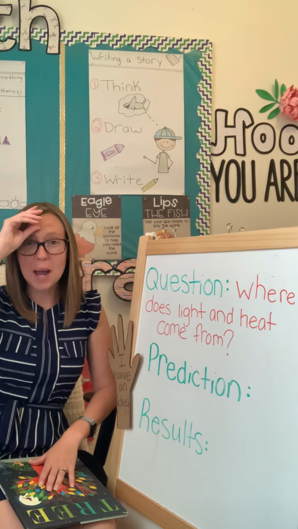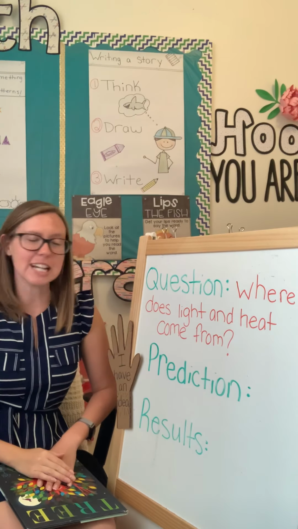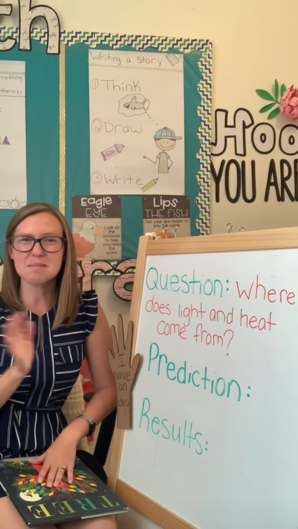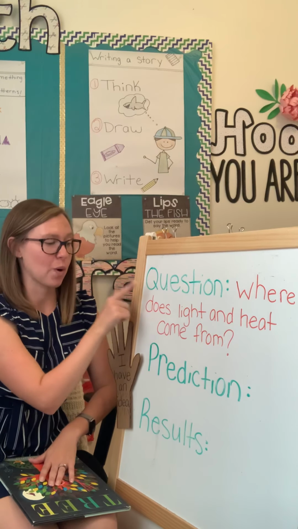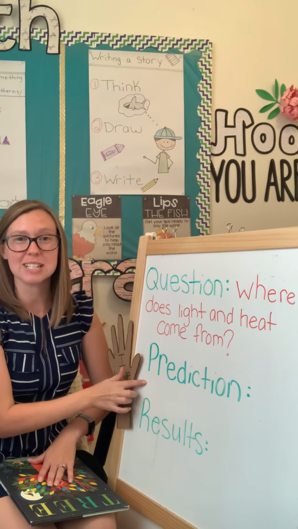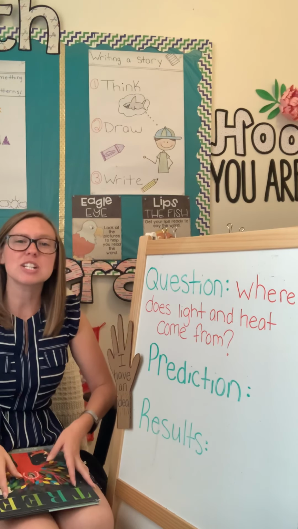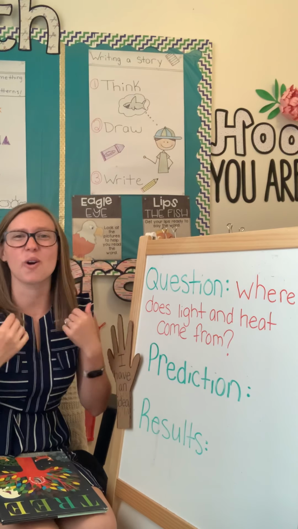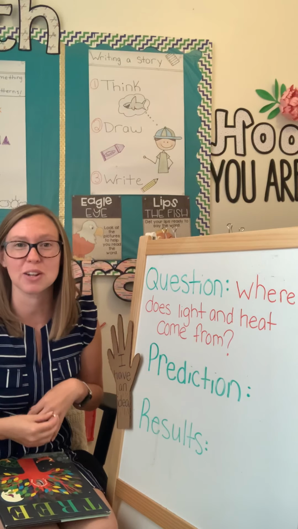A lot of times after we investigate or experiment, our prediction does not come true. And that's okay. It doesn't mean it's wrong. The whole idea of science, asking questions and making predictions, is to learn something new. So if your prediction does not come out as the right answer, that is okay, because our whole point is to find our results and learn something new.